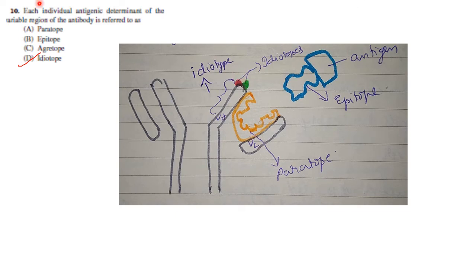So what they have asked, each individual antigenic determinant of the variable region of an antibody is referred to as idiotopes. So answer is option D.